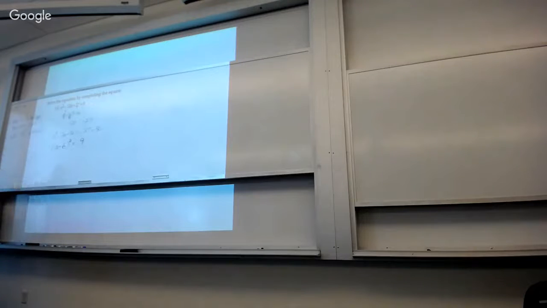All right, so we rewrite the left as a perfect square binomial. Now what do we do?